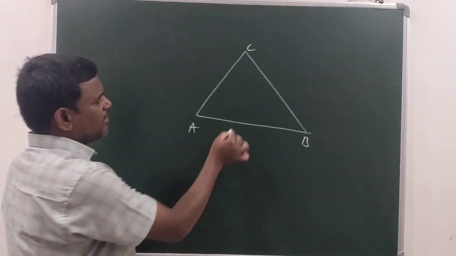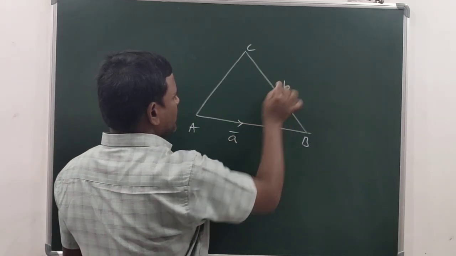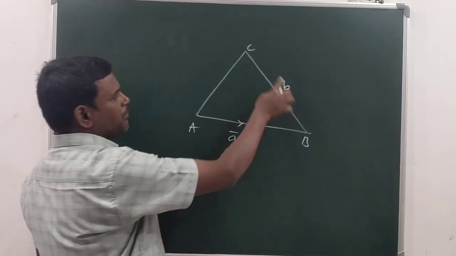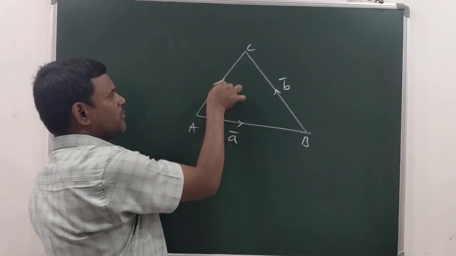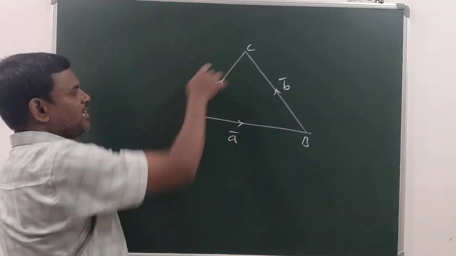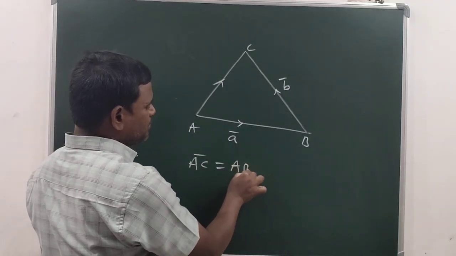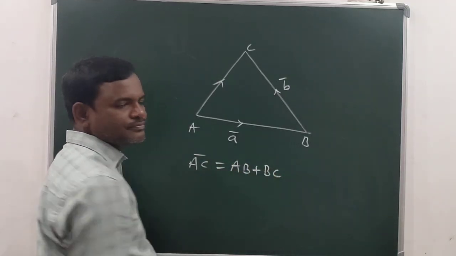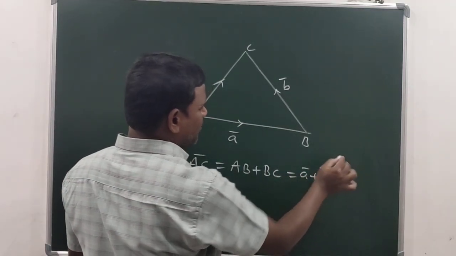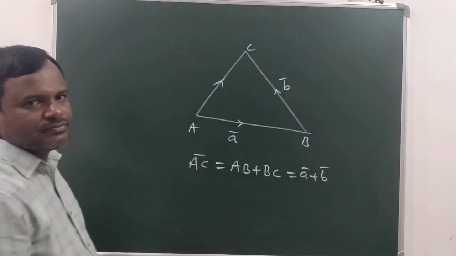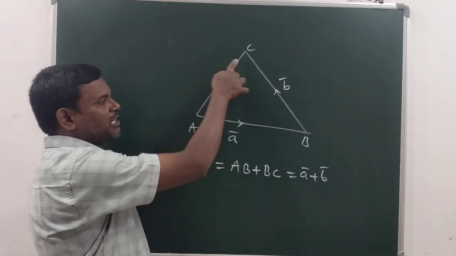ABC is a triangle, and vector AB is given as A bar and vector BC is given as B bar, and we are asked to find vector AC. Now vector AC can be written as AB plus BC. So this is known as the triangle law of addition. This AC can be written as AB plus BC.